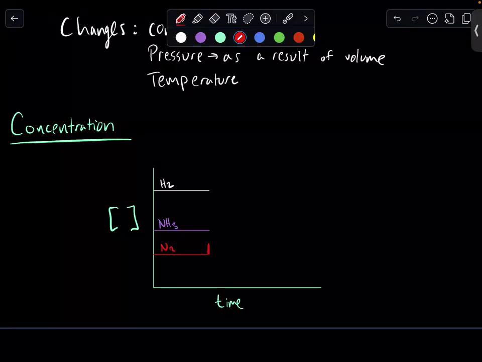Now, Le Chatelier says it wants to resist that change. So it wants to decrease the amount of nitrogen in the chamber to resist or balance that change. So the reaction will start moving forwards, consuming nitrogen. If we look at the equation, H2 plus N2 will react to form NH3. So if we add more nitrogen and then shift the equation forward, we'll reduce the nitrogen.